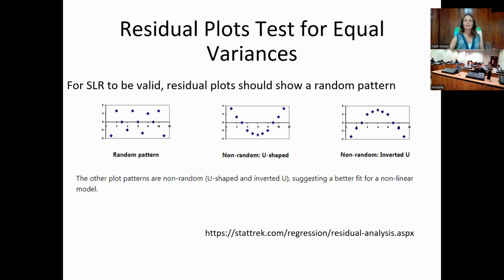Right? It means that there's something about your data that doesn't meet the assumptions. Usually that the variation is not equal across all levels of X, or that it's not normally distributed. And that might mean that you either need to transform your data or use a different analysis, like a nonlinear model.